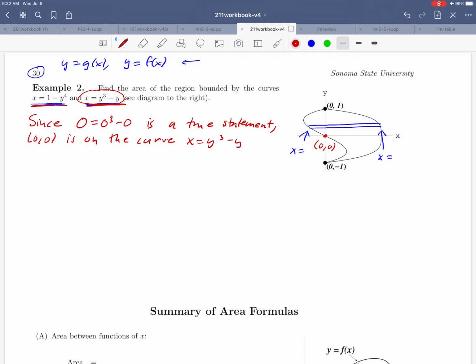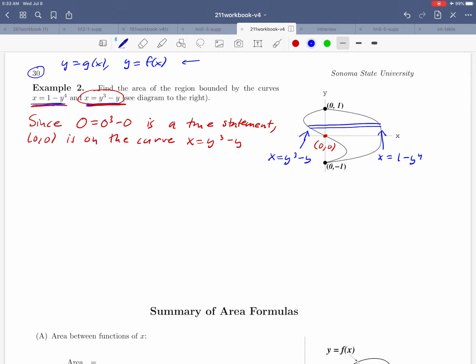So I'm going to make that observation by filling in these x values. We now know that this curve on the left must be y cubed minus y, and that means that the one on the right must be 1 minus y to the fourth.